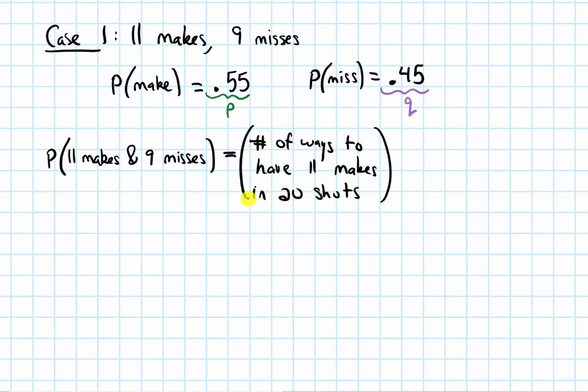So the number of ways we could have those 11 makes occurring, and then multiply that by the probability of each outcome.